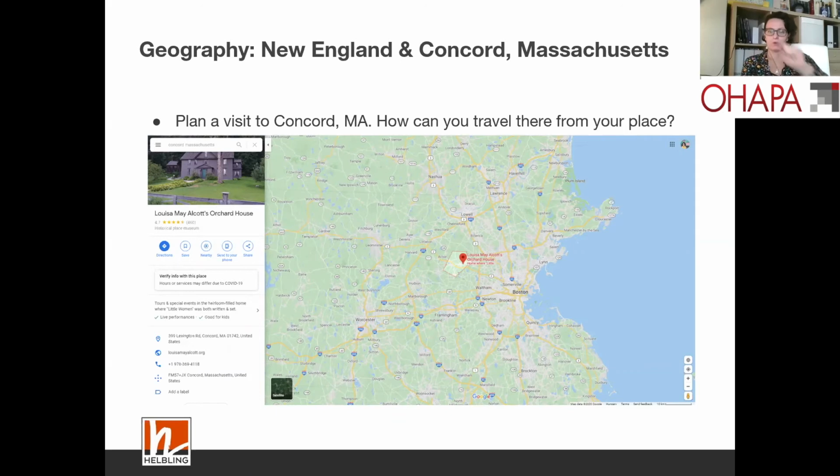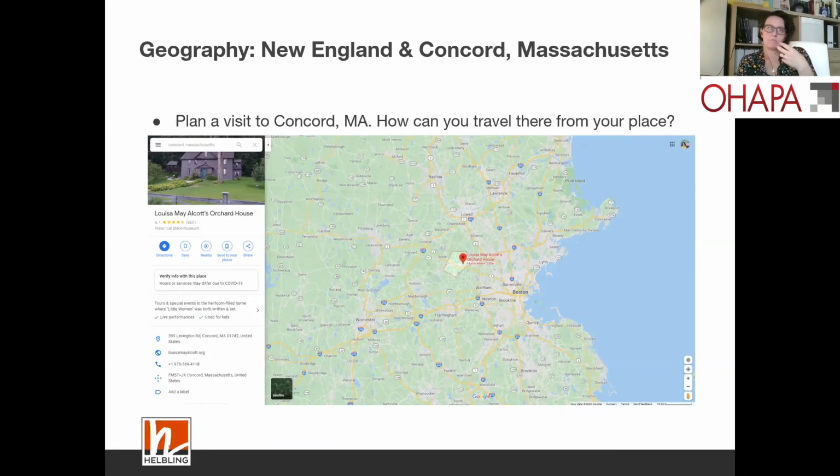So you can travel all along the coastline and point out each state, and then zoom in to Massachusetts and find Concord on the map. And you can tell your students that Orchard House is the place where Louisa May Alcott wrote the novel. And of course, Google will then let you explore the story and see what it looks like in real life.